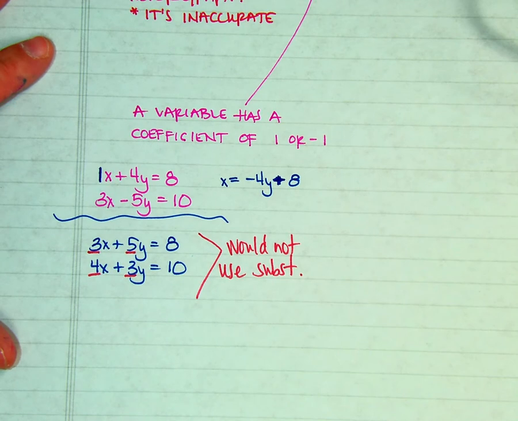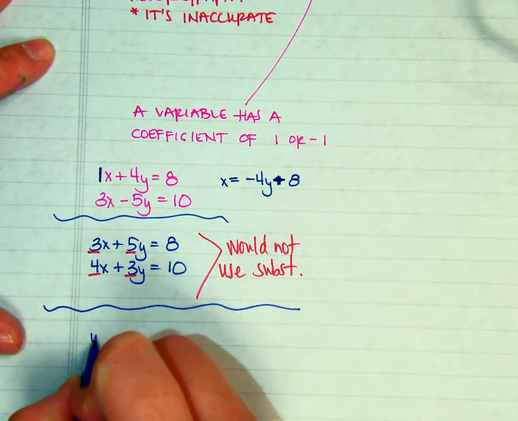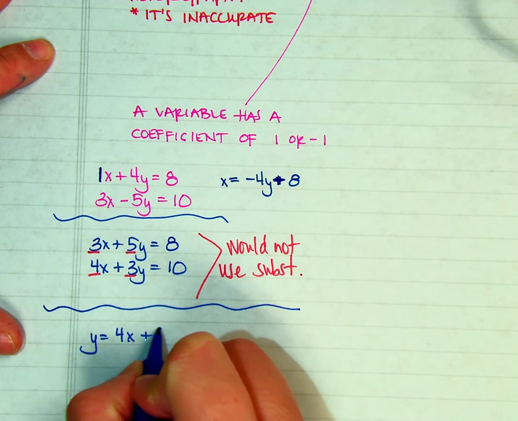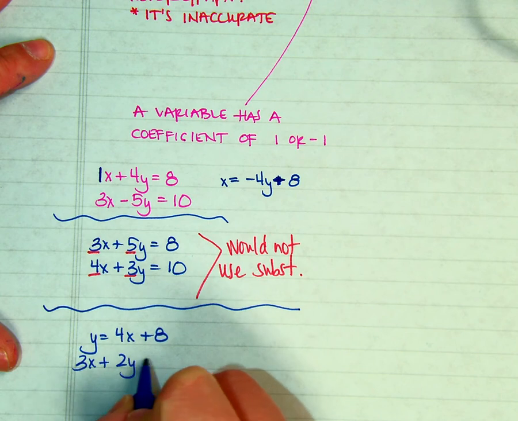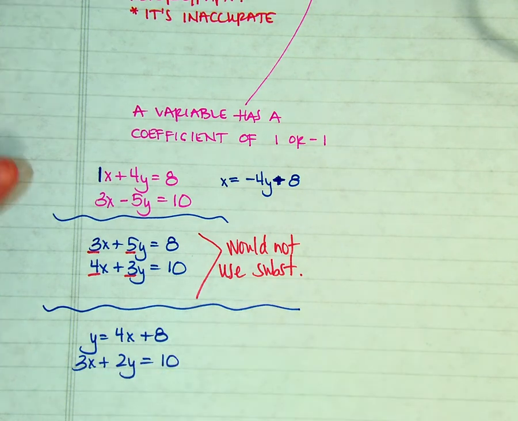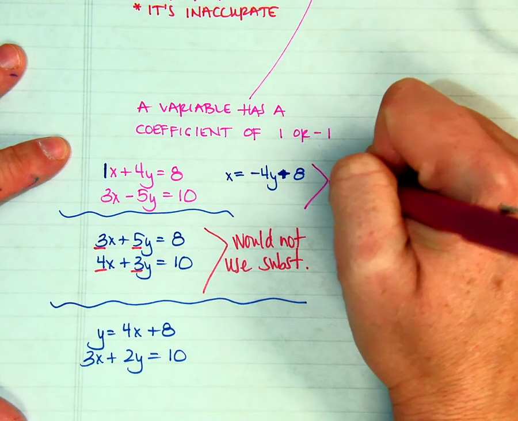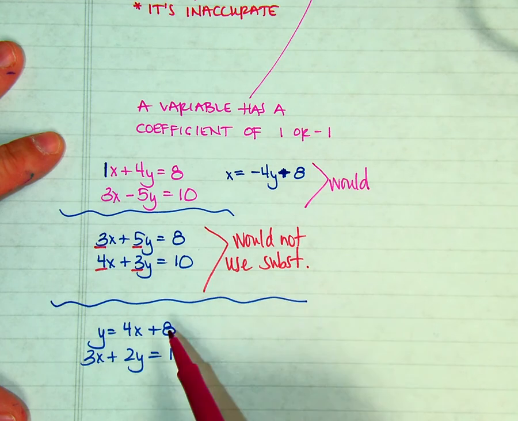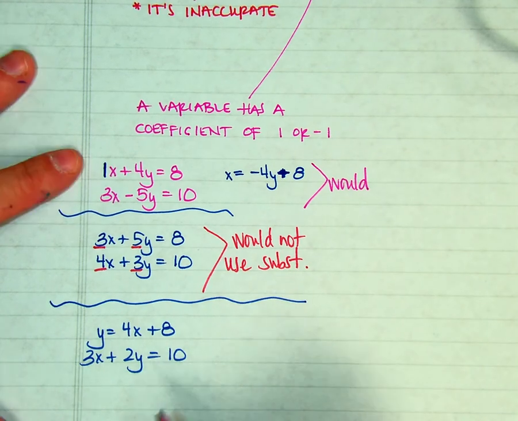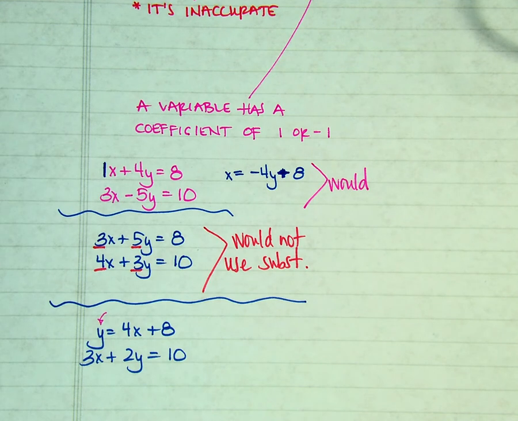Another reason why I might use substitution: here, this one I would not, and this one I would, because it's already solved for a variable. So I have very little work to do.